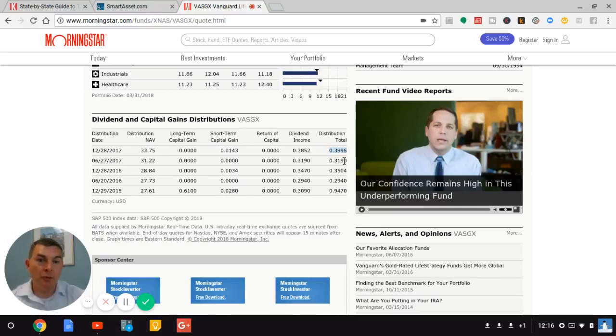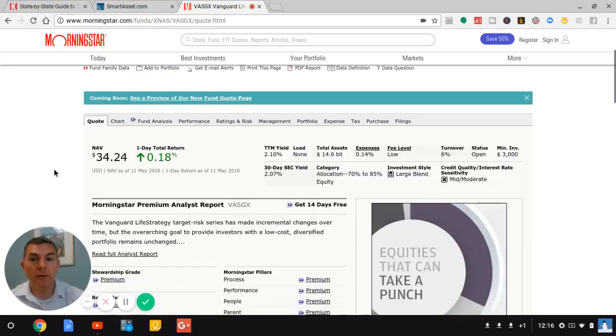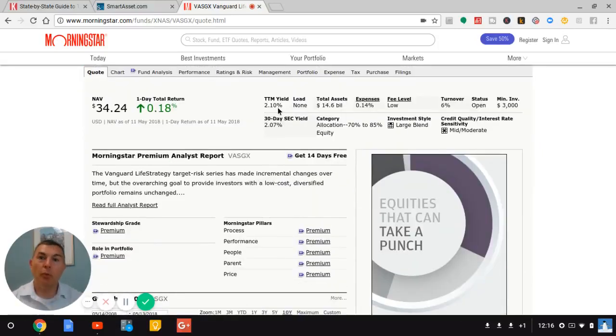Here it distributed 32 cents on a share price of roughly 32. And that gives us about 2.02% as a dividend distribution and interest distribution over the last 12 months. And then we go back up here and we say, trailing 12 months, 2.1% distribution yield. But why do I hark on that? It's not that big of a deal. Because let's go down.